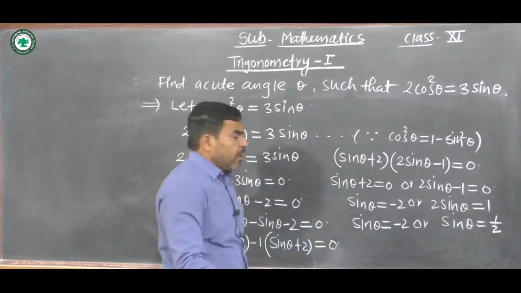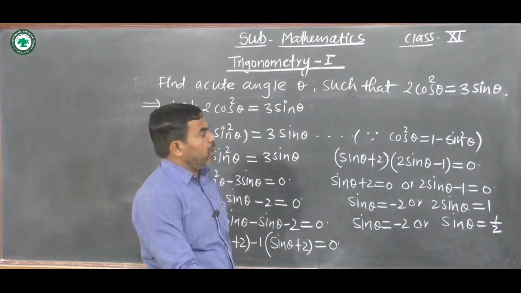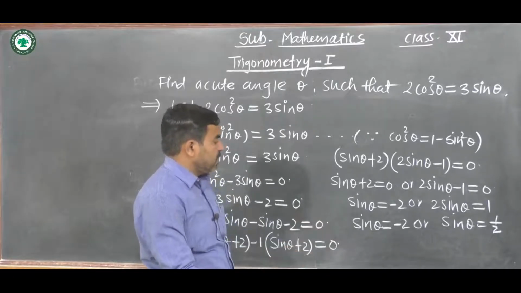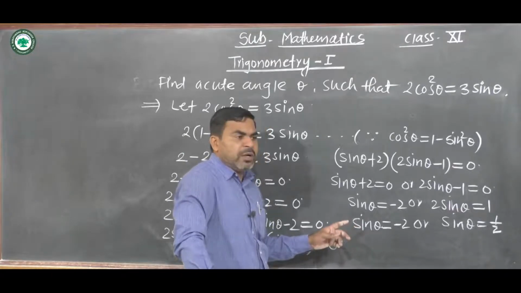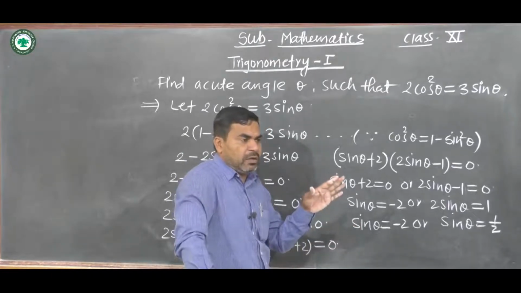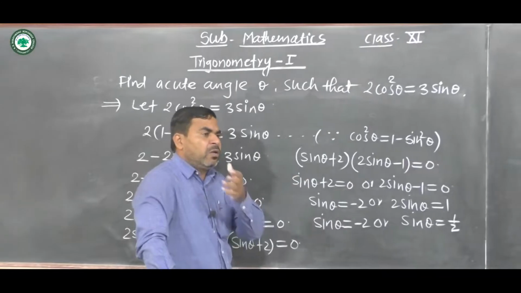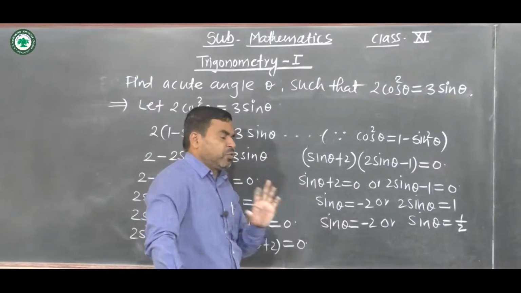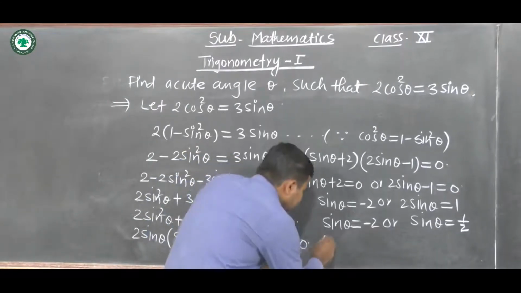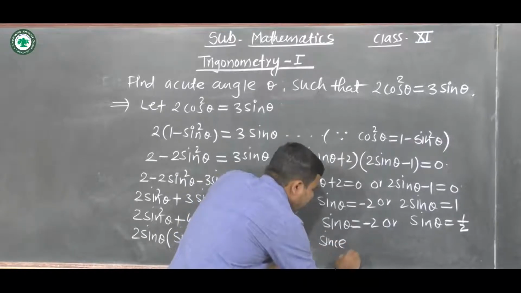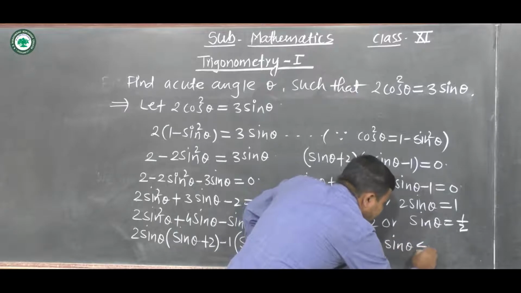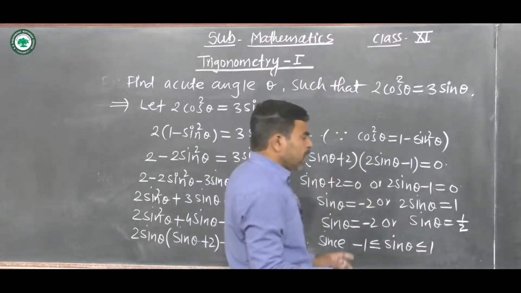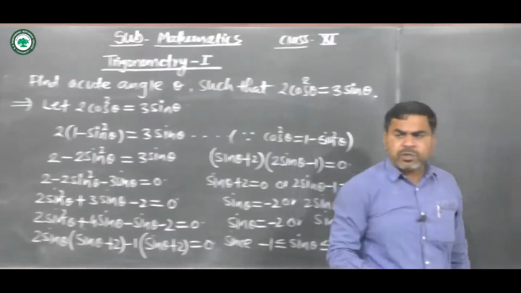But we know by the domain and range of the sine function, trigonometric functions, that the value of sin theta always lies between minus 1 and plus 1. It means that since minus 1 is less than or equal to sin theta is less than or equal to 1, therefore sin theta is not equal to minus 2.